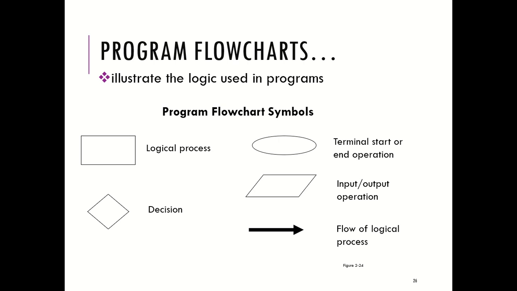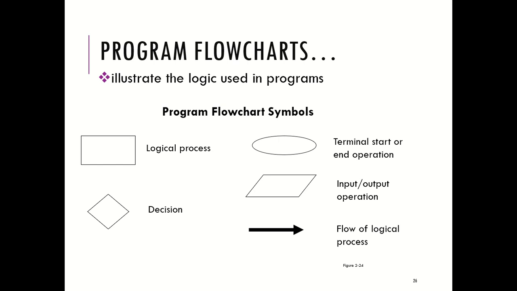example or another documentation technique ulit natin, which is program flowcharts. So ano naman ang program flowchart natin? So this program flowchart illustrates the logic used in the program. So it's more on logic. Kanina sinimulan natin doon sa data flow diagram, it represents the entities, the process.